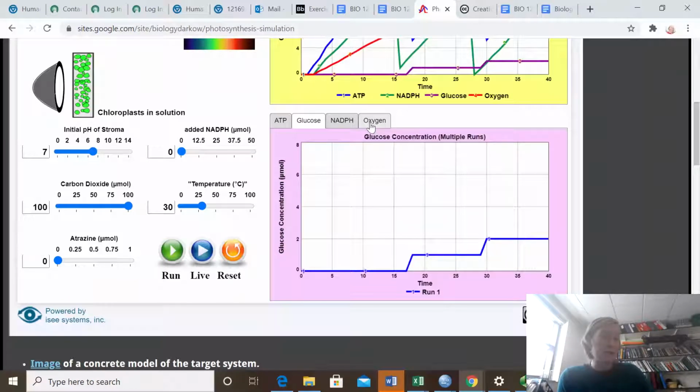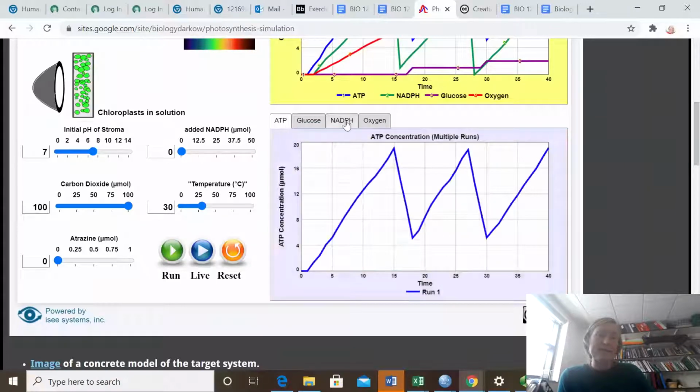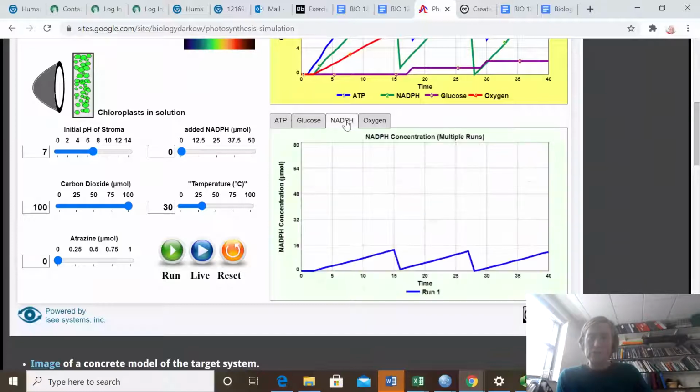And oxygen is released as a byproduct, so we see oxygen going up in this particular example. ATP and NADPH are made, but then used, and made and then used. So we're going to see kind of an oscillation in ATP and NADPH.